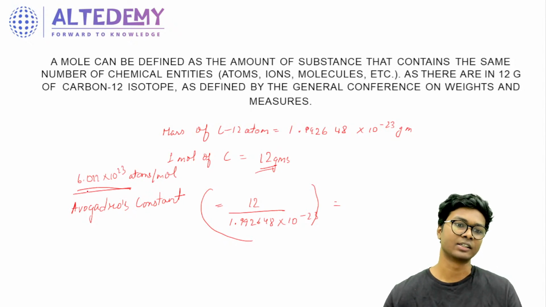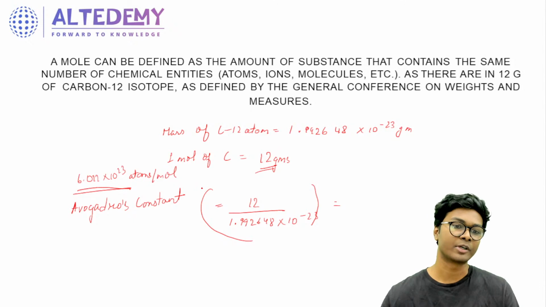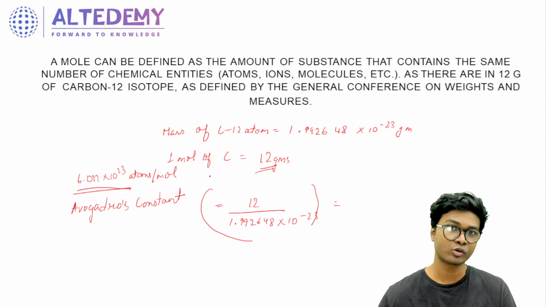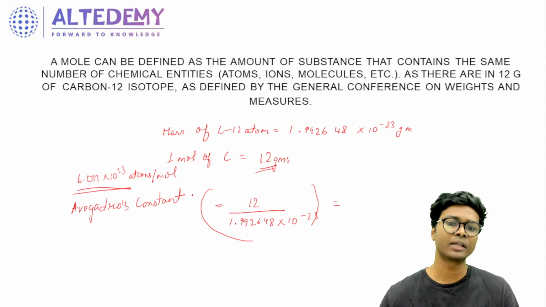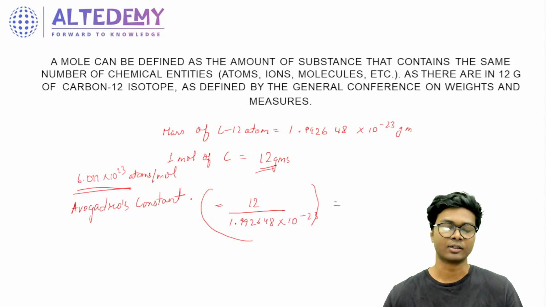Because this was actually calculated by an Italian physicist and mathematician, Sir Amedeo Avogadro, in 1811. But when he calculated this, it wasn't accepted universally. There were many critiques, and eventually this was utilized after his demise.